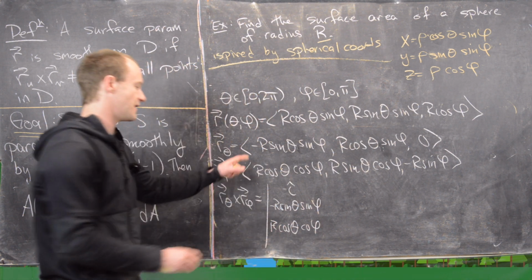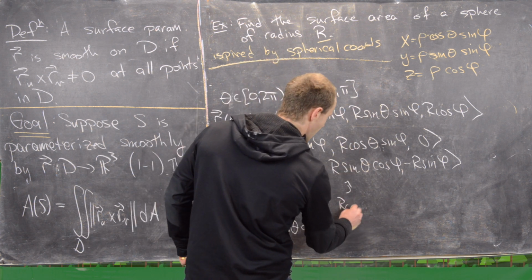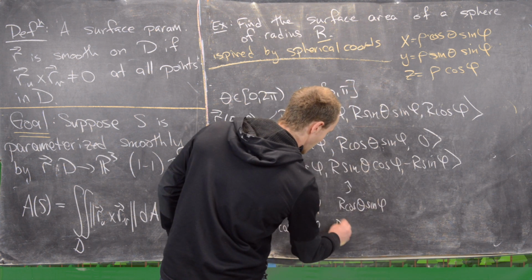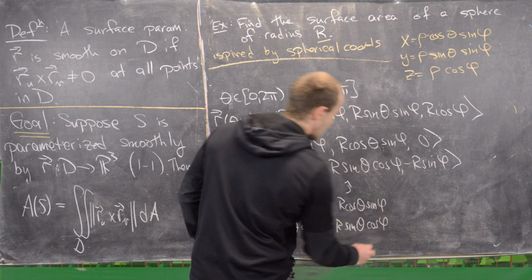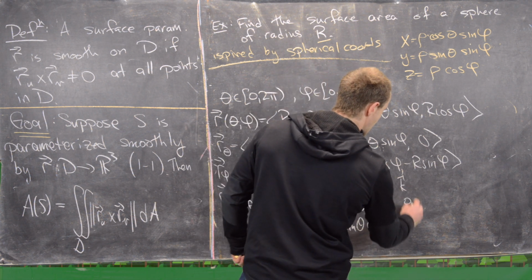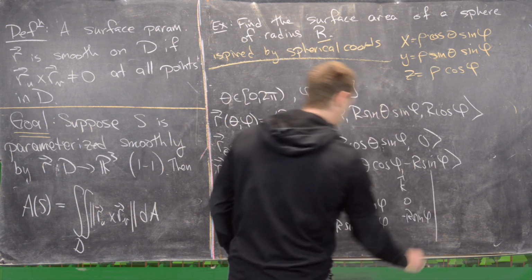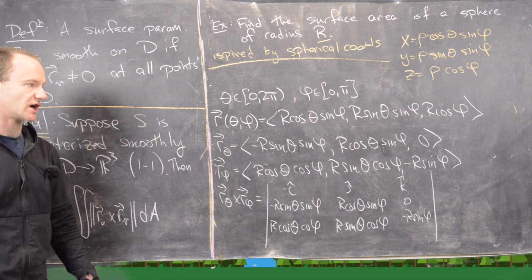So that's what we have down there. And then here in the j component, we'll have r cosine theta sine phi, and then r sine theta cosine phi. And then in the k component, we'll have 0 and then minus r sine phi. All right, so that's what we get for this cross product.